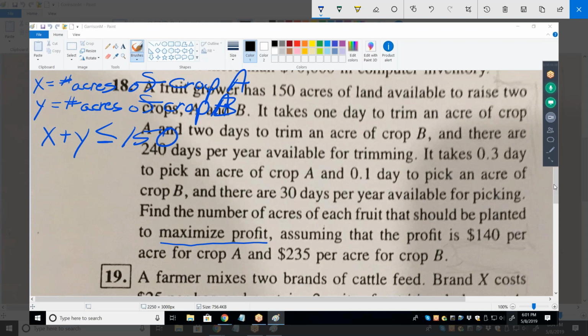These are called the constraints. They're usually not equations, they're usually inequalities.